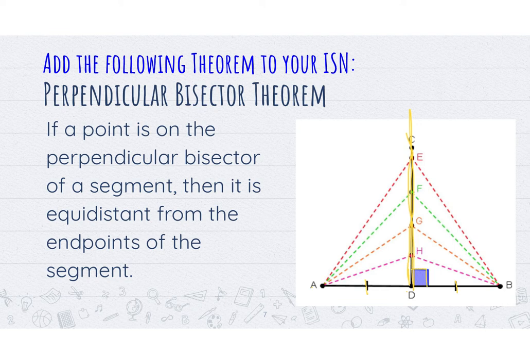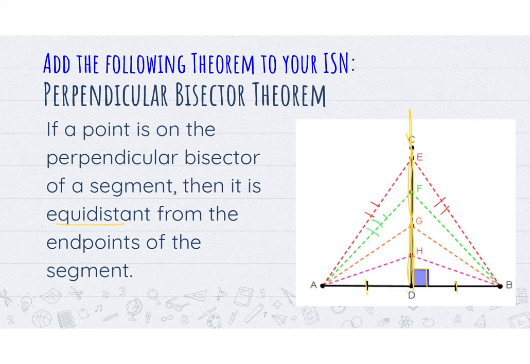So if any point is on that segment DC, then that point is equidistant, same distance, equally distant from the endpoints of the segment, from A and from B. So our red dotted line is equal to that red dotted line.